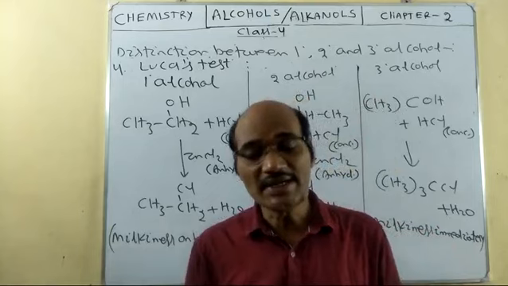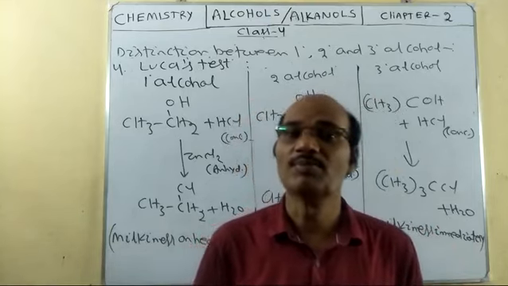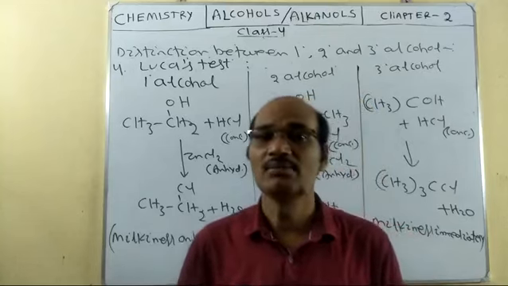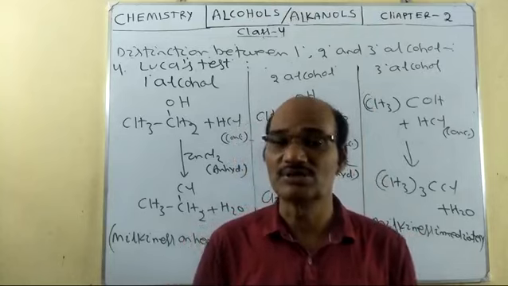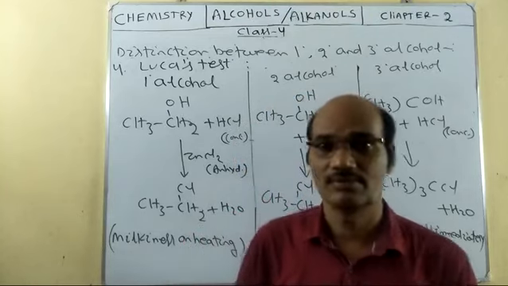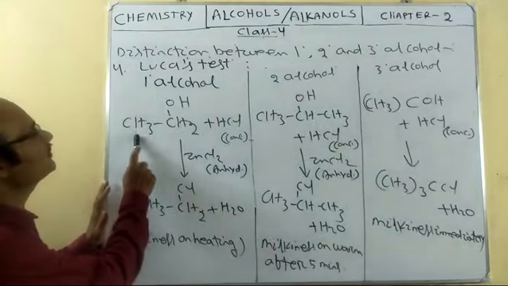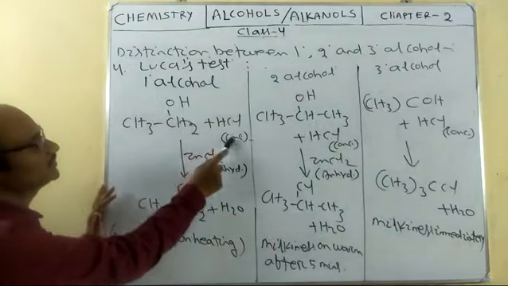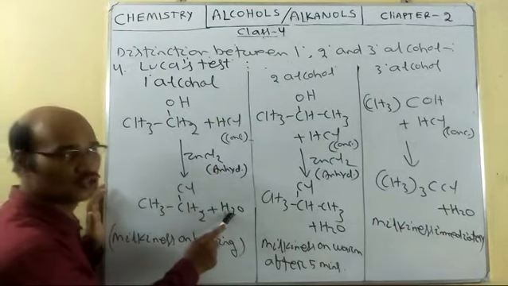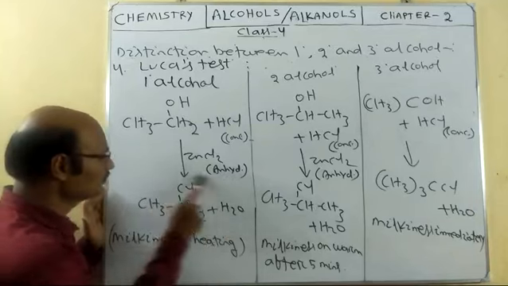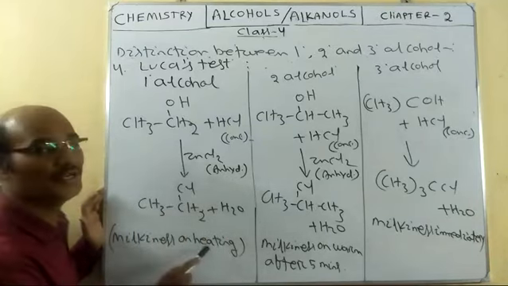In secondary alcohol, the milkiness appears after 5 minutes on warming, whereas in case of primary alcohol, the milkiness appears on heating. Okay, so here you see the primary alcohol CH3CH2OH with concentrated HCl and anhydrous ZnCl2, we get CH3CH2Cl plus H2O. So this appears cloudy or milky, and this milkiness appears on heating.